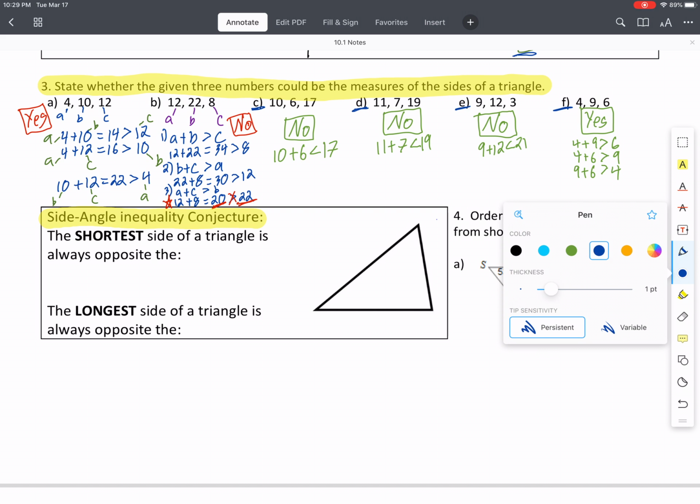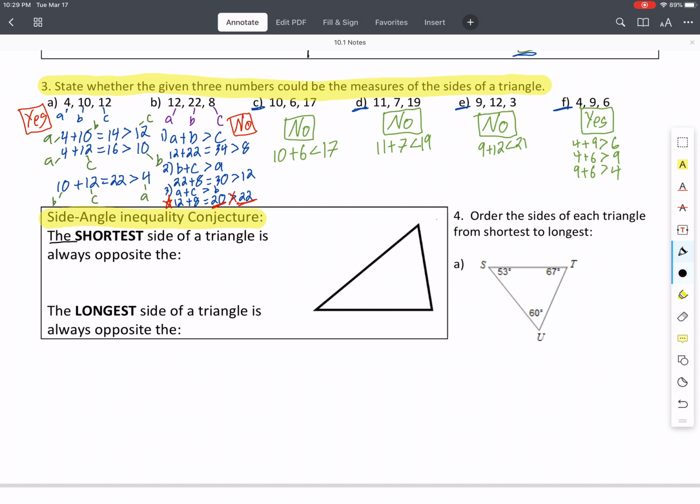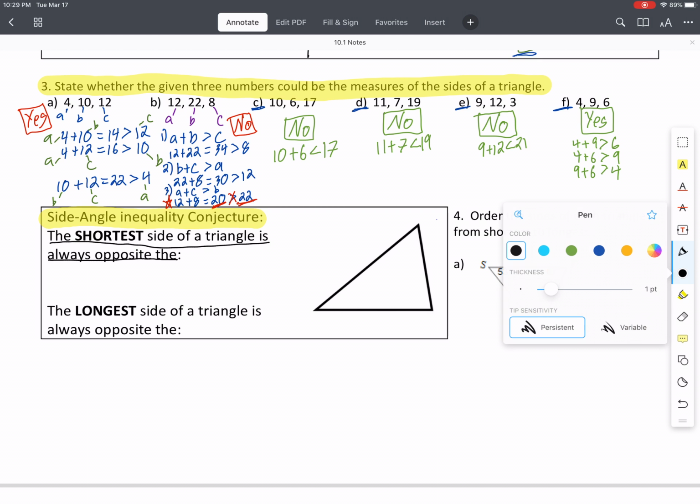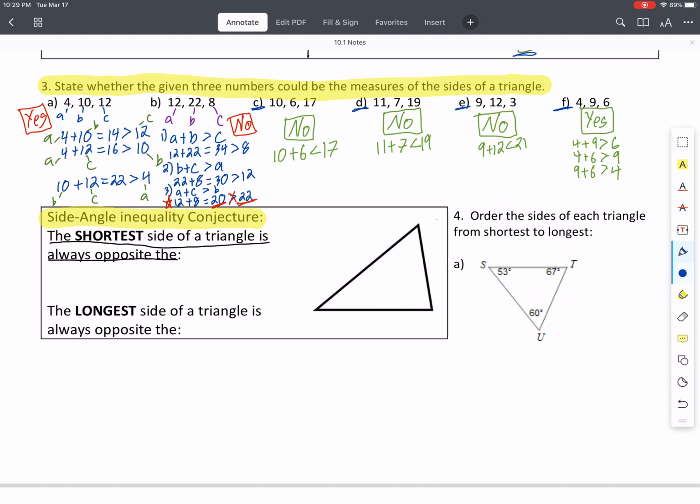So as you guys can see, it says the shortest side of a triangle is always opposite of the smallest angle.